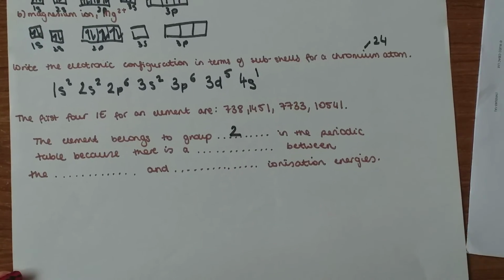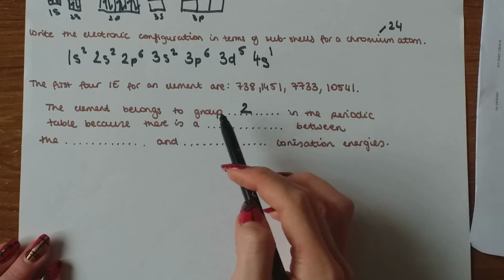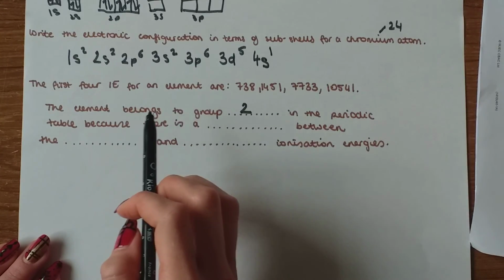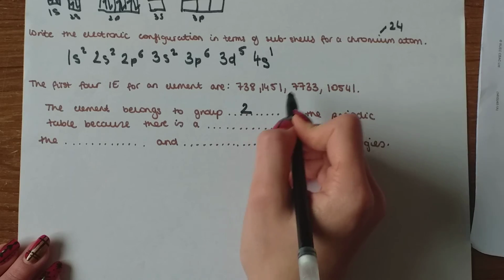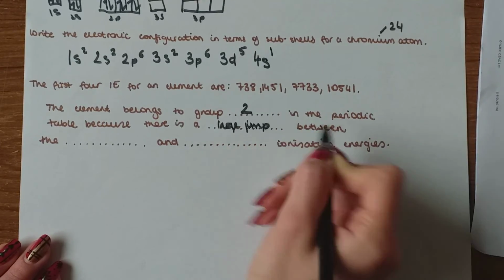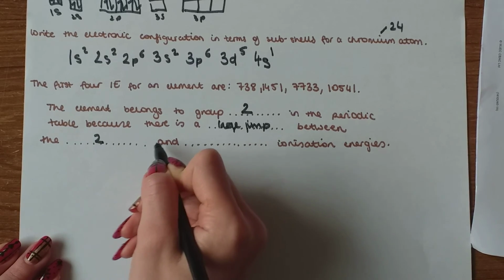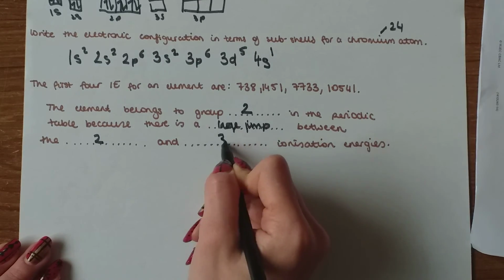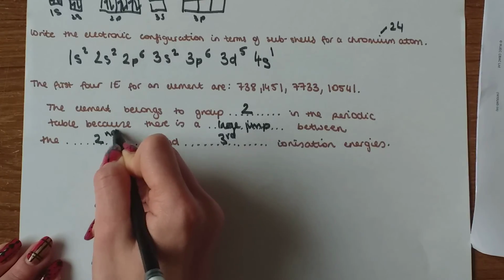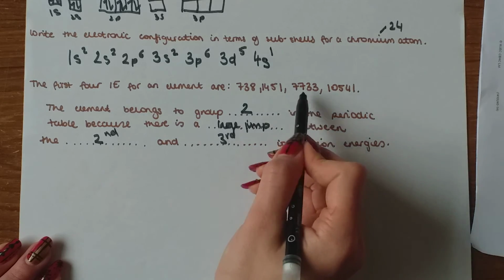It belongs to group 2 in the periodic table because there is a large jump between the second and third ionization energies. See, between second and third.